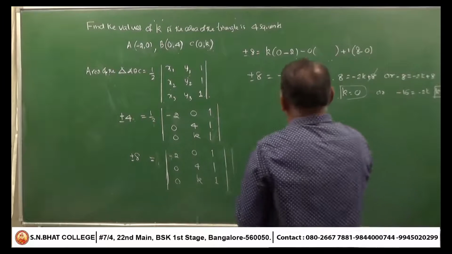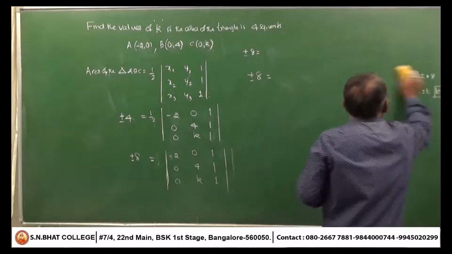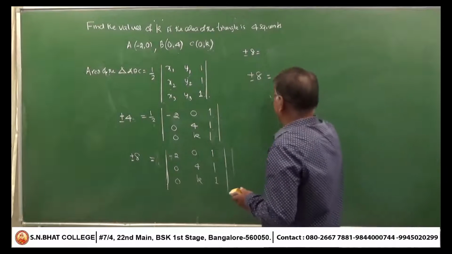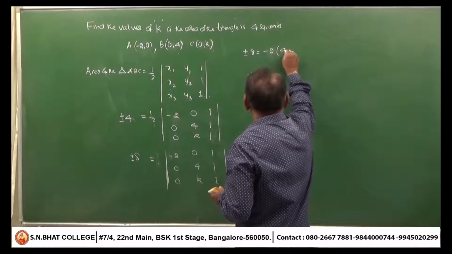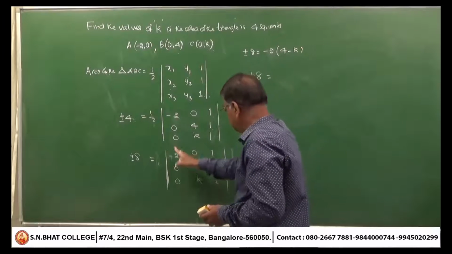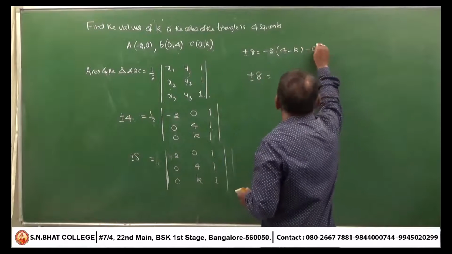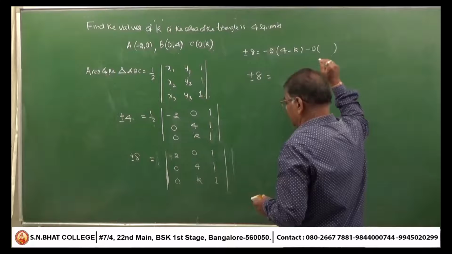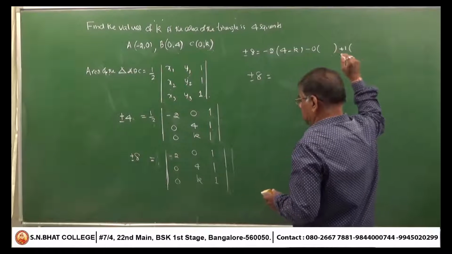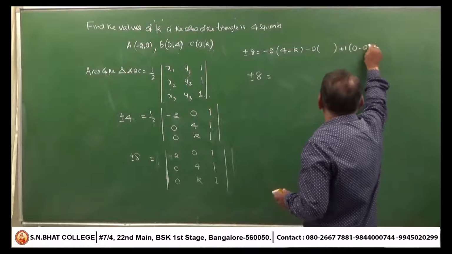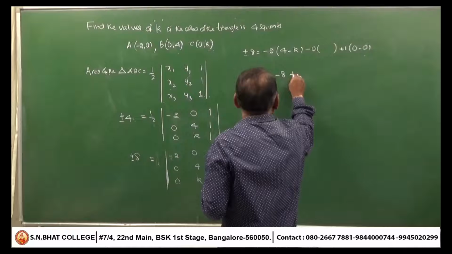Expand the determinant. Plus or minus 8 is equal to minus 2 into 4 minus k, leaving this row and this column, plus minus 0 multiplied by anything is 0, plus 1 into 0 minus 0. This is minus 8 plus 2k.